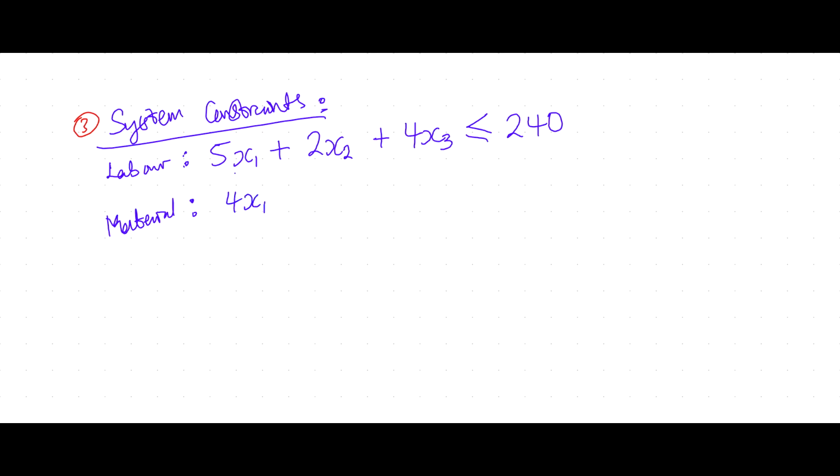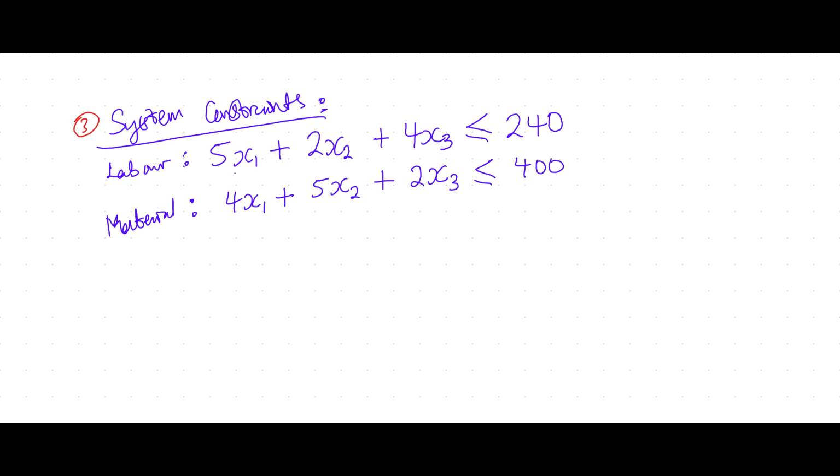The total material needed for product 2 is the 5 kilograms per unit times the total product 2 that must be produced, which is x2. And similarly for product 3 is 2 times x3. Again, the company is limited to 400 kilograms per day, and therefore you cannot exceed the 400, but you can use all the available 400 in a particular day. So this one is again the constraints per day.